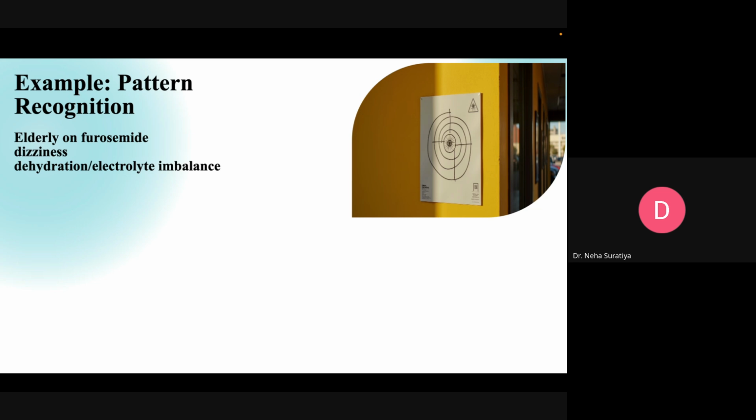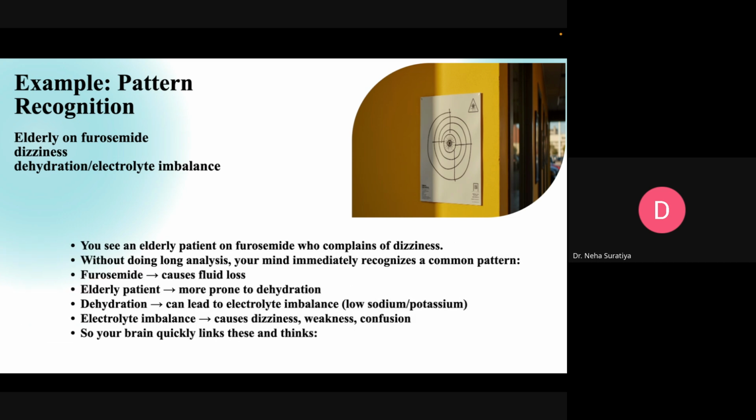That pattern is known as pattern recognition, fast and experience-based thinking, right? So this is the explanation. You see an elderly patient on furosemide complaining of dizziness, and without doing a long analysis, you immediately respond: furosemide is responsible for fluid loss, elderly patients are more prone to dehydration, so dehydration and electrolyte imbalance are the reason behind dizziness.